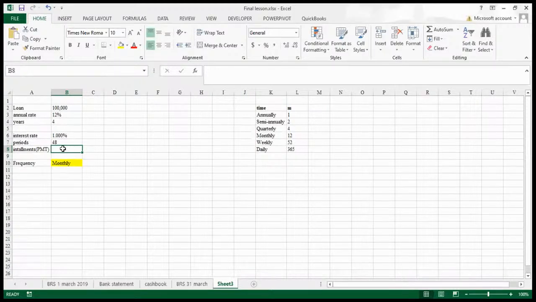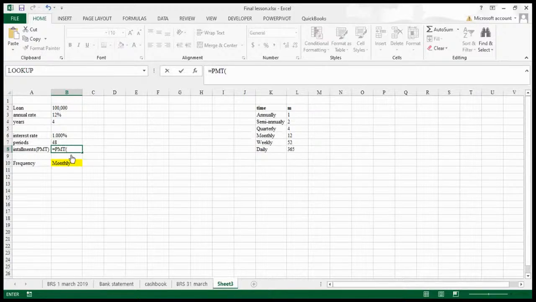And remember, when you are paying the loan, it is cash outflow and the value will be negative, but we need a positive value. So let's first of all get the negative value and see how we are going to get it to positive. Activate your cell, then say PMT. It appears there.